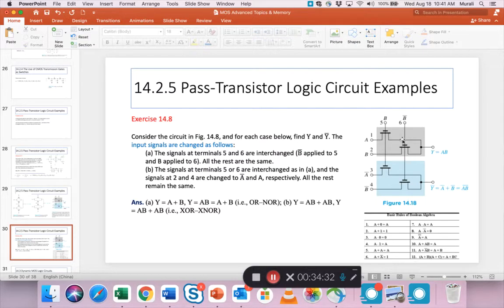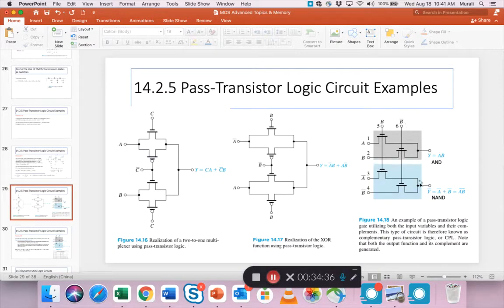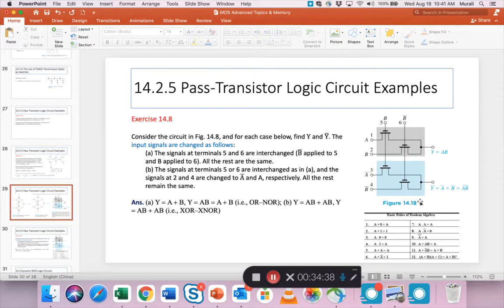So he's taken this figure which he showed us previously, this figure for AND and NAND, and he's switching things. B and B bar are switched. So B bar now applies to pin 5, and B goes to pin 6. If that happens, he asks us to find the output.